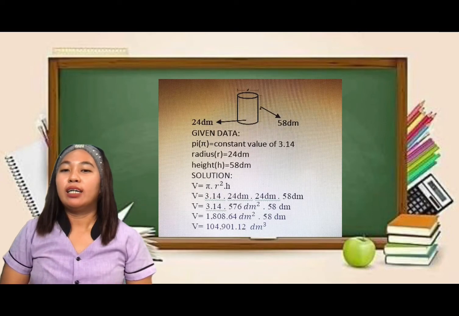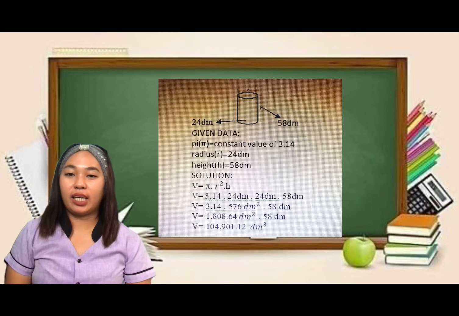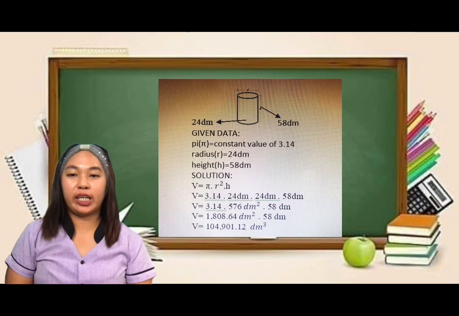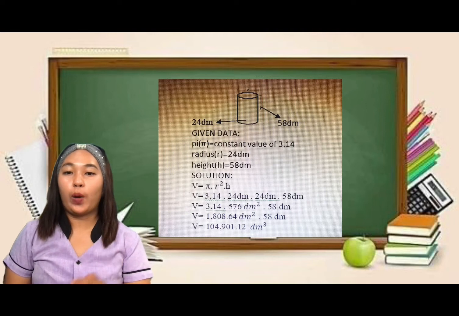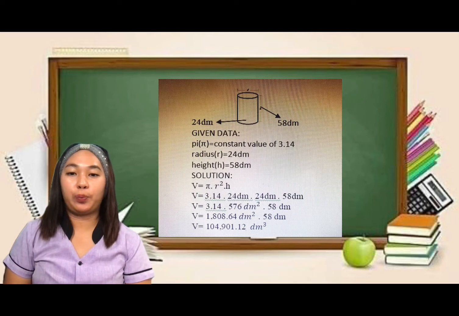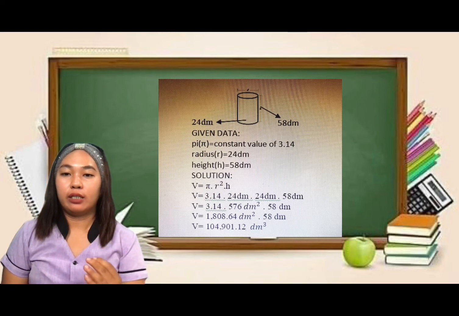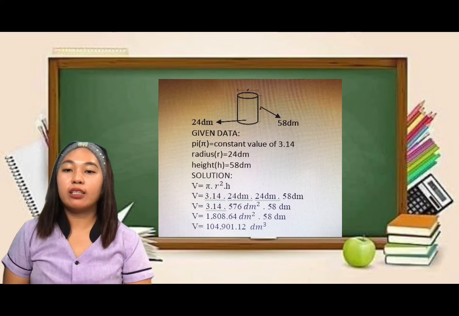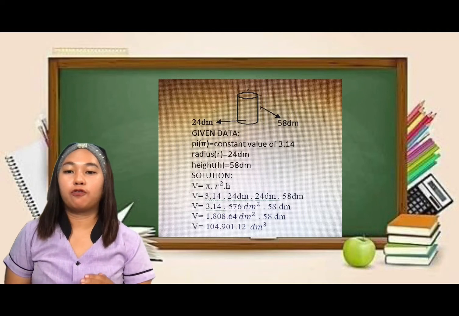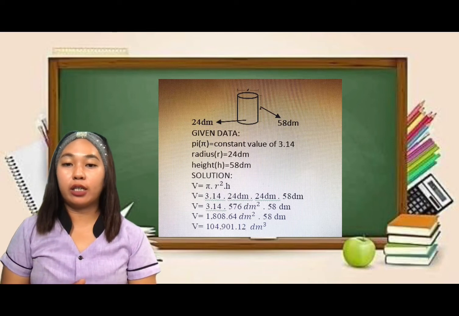Example number 2. The given data are pi, the constant value of 3.14, the radius equals 24 decimeters, and the height equals 58 decimeters. To solve this, we have the pi, radius, and height, so we use the volume of a cylinder. Then we substitute: volume equals 3.14 times 24 decimeters times 24 decimeters times 58 decimeters.